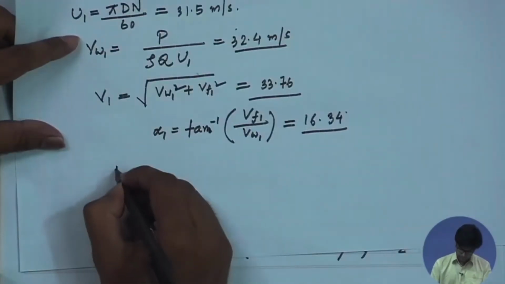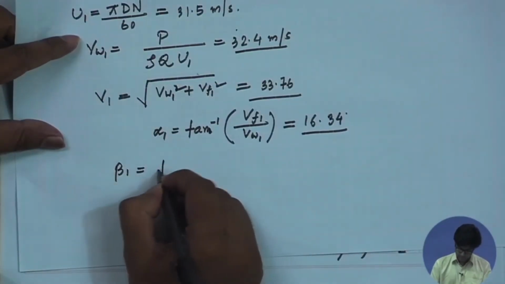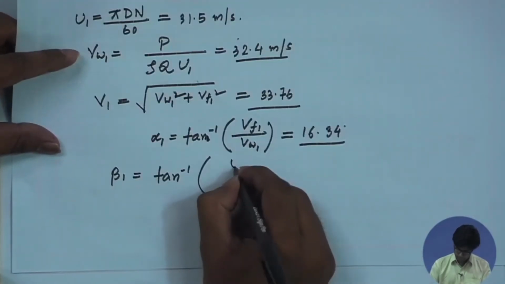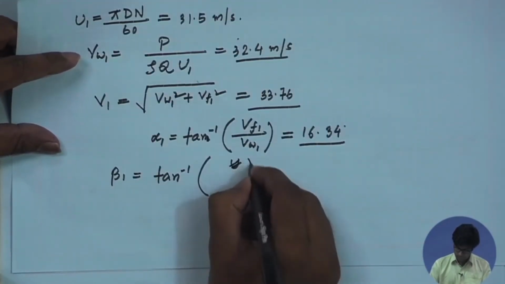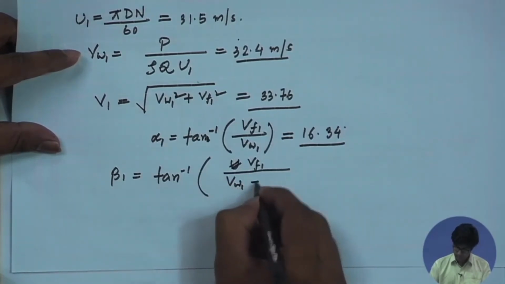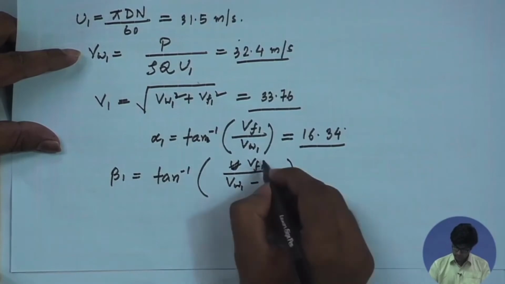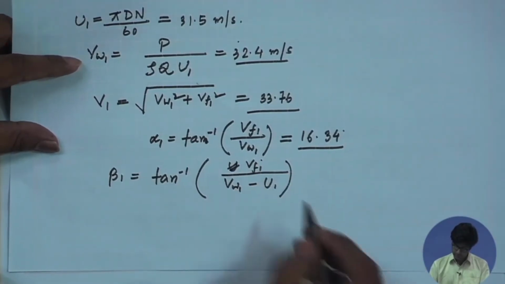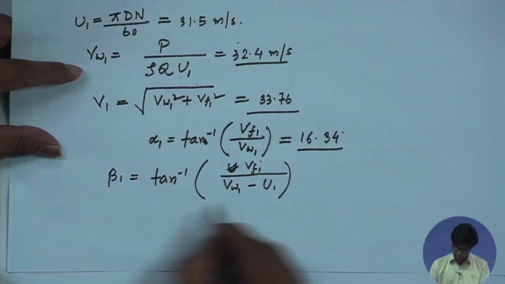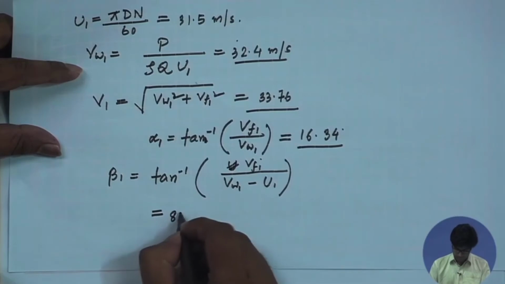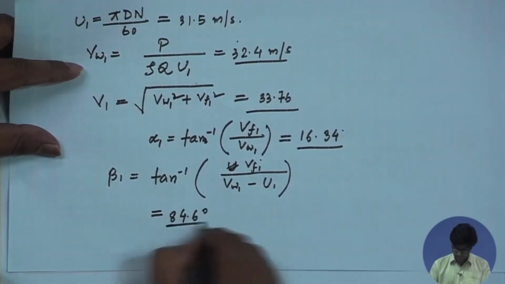So, beta 1 is given as tan inverse of VF1 by VW1 minus U1. We know the flow velocity at the inlet, we also know the tangential velocity as well as the peripheral velocity of the runner at the inlet. So, substituting the values, we ultimately get the value of beta 1 as 84.6 degree.